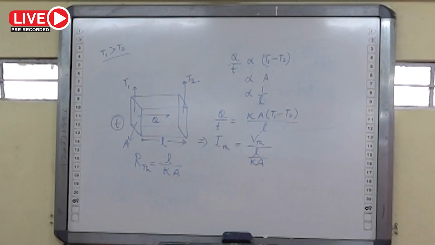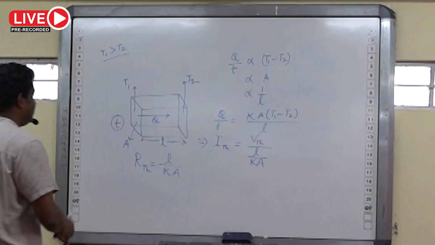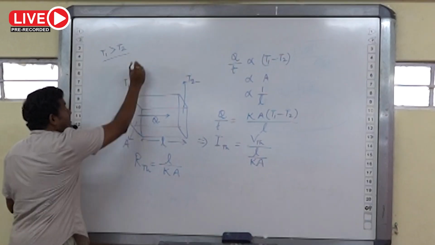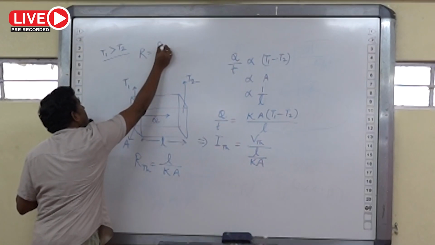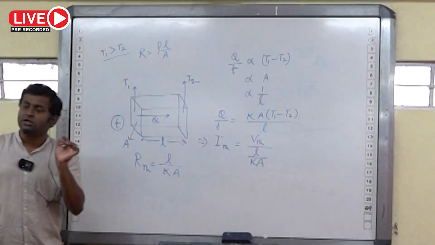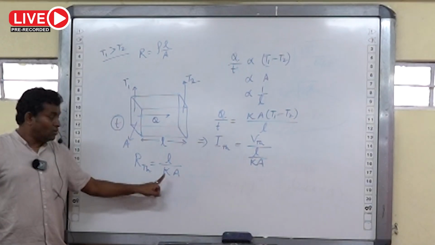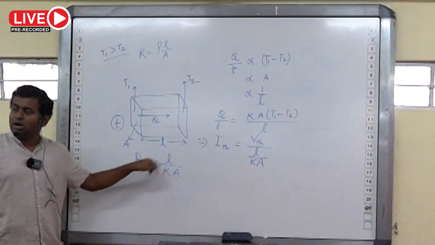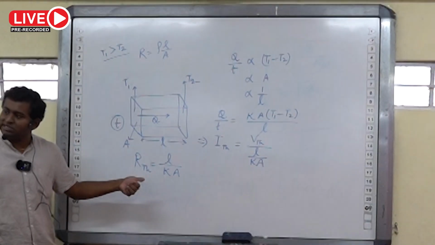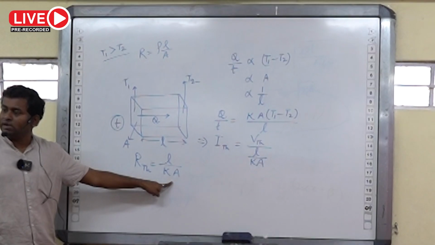And see the analogy with the electrical resistance. We know that electrical resistance can be written as R equal to rho L by A, where rho is the electrical resistivity of the material, L is its length, and A is the area of cross section. See, the same thing comes. K is conductivity, so 1 by K will become thermal resistivity, directly proportional to L, inversely proportional to area of cross section.